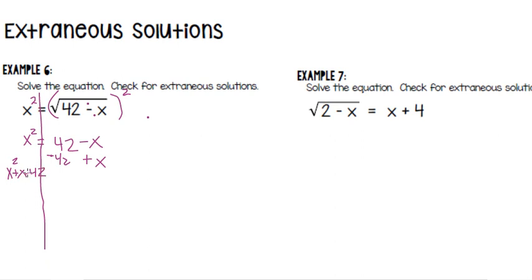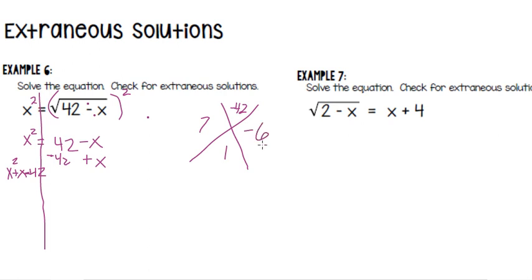Good, we've got easy numbers because we should already know what they are. We need things that multiply together to give us negative 42. So they're going to be consecutive numbers because they add to positive 1. So they can only be 1 away from each other if that's what they add to. And then they've got to be a positive and a negative. So we should know we've got 7 and negative 6.